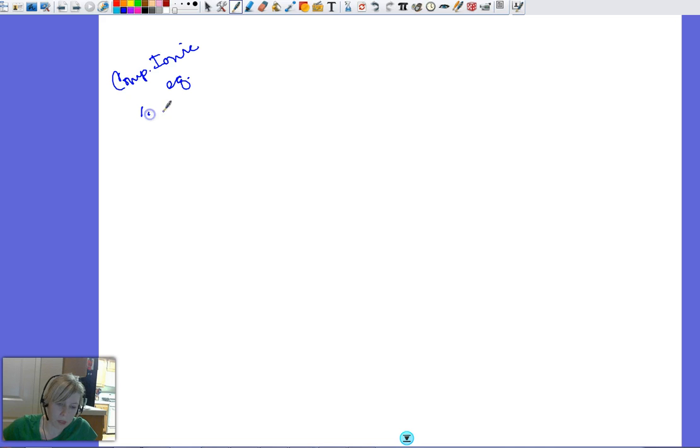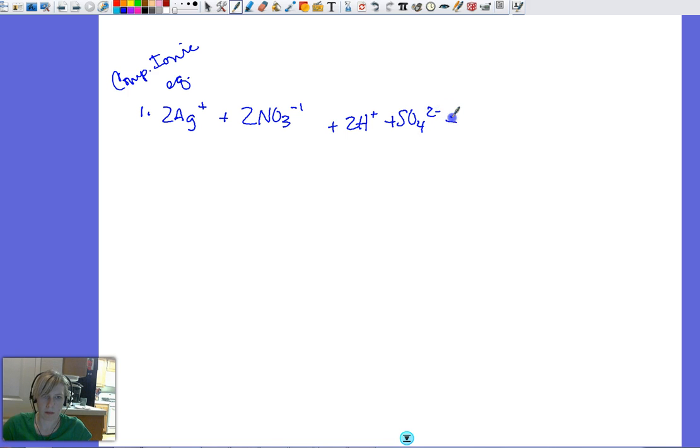So for 1, we have 2Ag plus, because we have to balance, got to put the charge, plus 2NO3 minus, plus 2H plus SO4 2 minus, and that's going to give us Ag2SO4. So this is your precipitate.